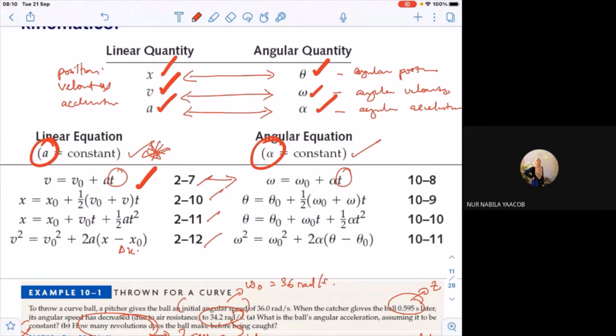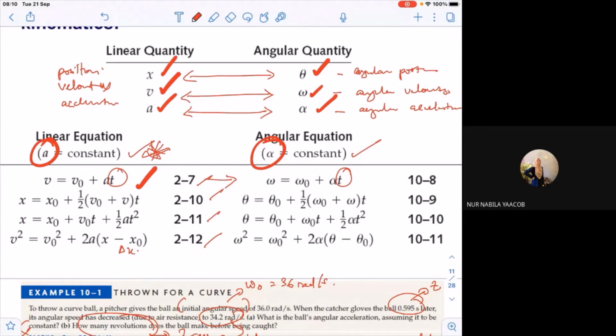Everything must be comparable to what we did just now. You replace v with omega, you replace v naught with omega naught, and you replace a with alpha, but not time. Time is independent, of course.